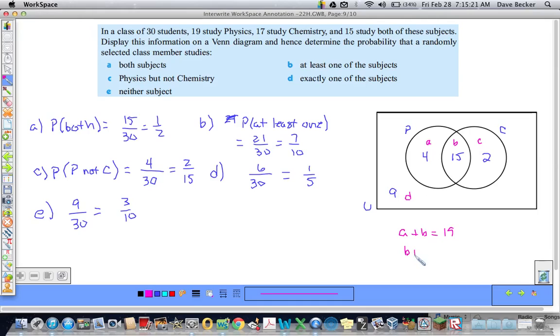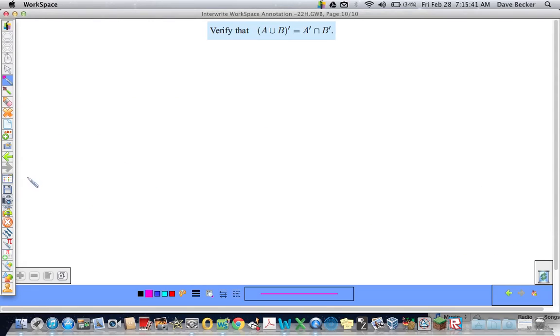We know that B plus C has to equal 17. And we know that B equals 15, and we also know that A plus B plus C plus D is equal to 30. Okay, so that's just a way to think about it algebraically. When they get a little more complicated, you can do that.